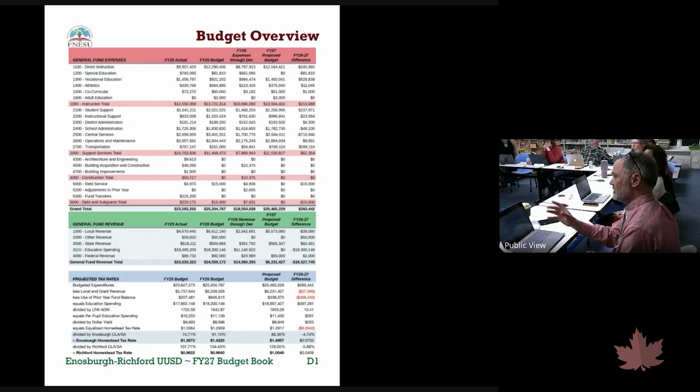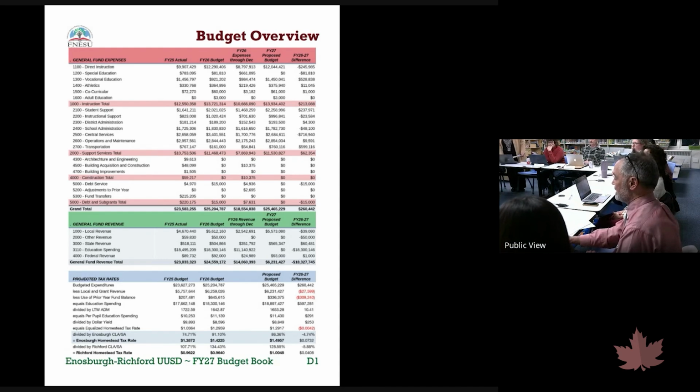So you'll have trouble seeing this budget overview on the screen, but it is in the information that I emailed. Starting with the section in red, this is the spending plan for the district. The current draft that I'm seeing is $25,465,229. Again, most of that's driven by staffing.